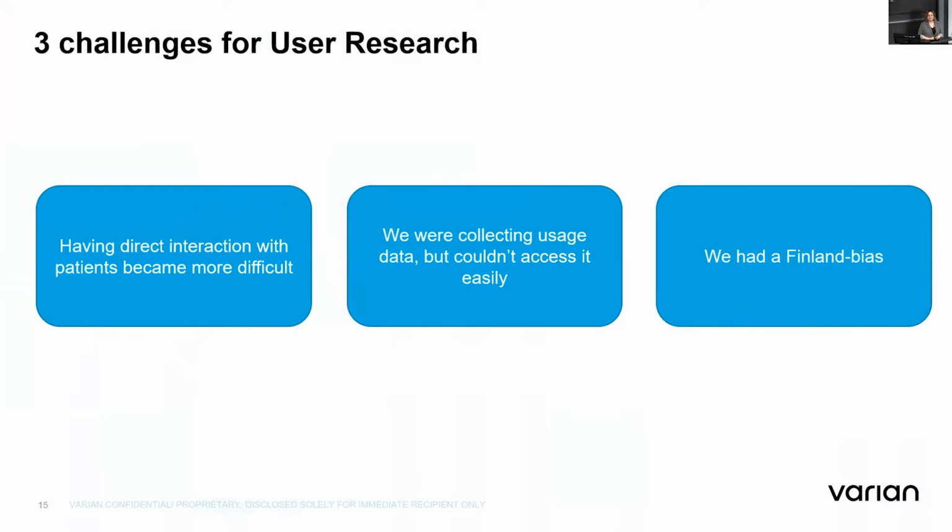They have a life to live, and they don't want to think about that. We didn't have, with all our customers, this close partnership that we had with the Helsinki hospital at first. So having this direct interaction with the patients became more difficult.